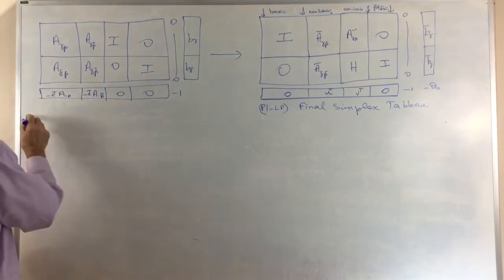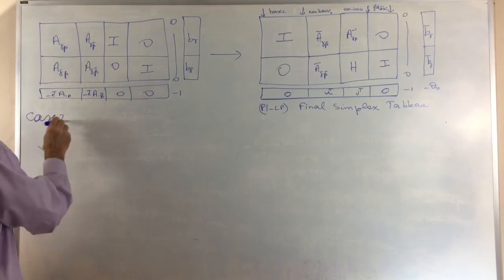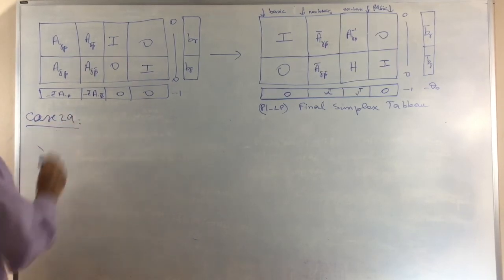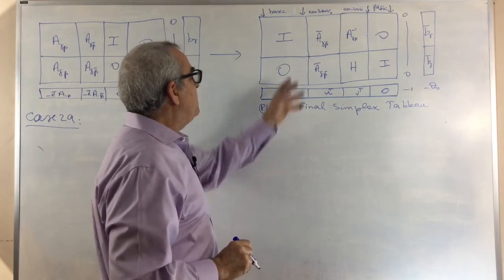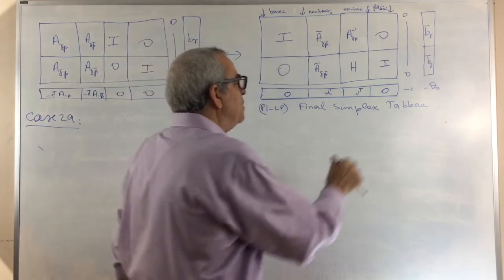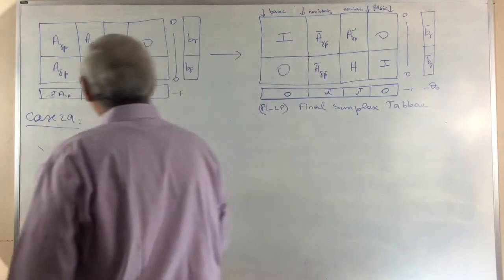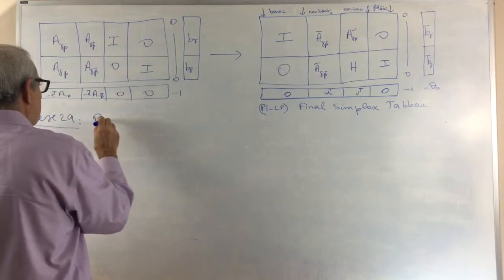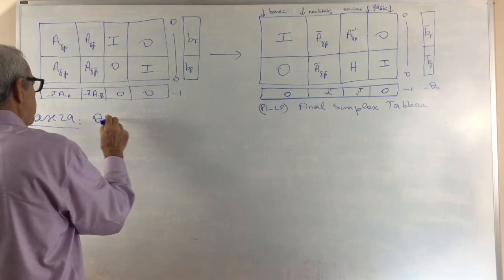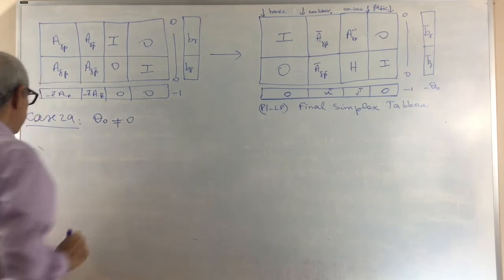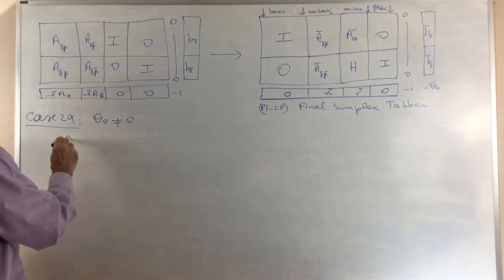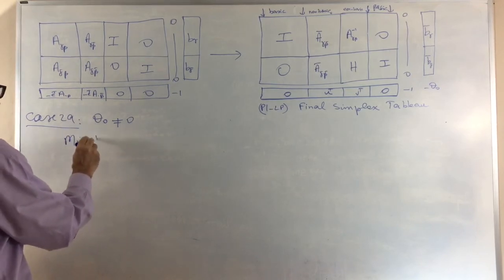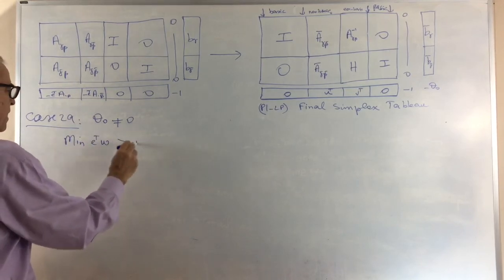Now case 2a. This is the P1 LP, phase 1 LP final simplex tableau. So we look at this theta 0. In this case theta 0 is not 0, which means that the minimum of E transpose W is strictly positive.